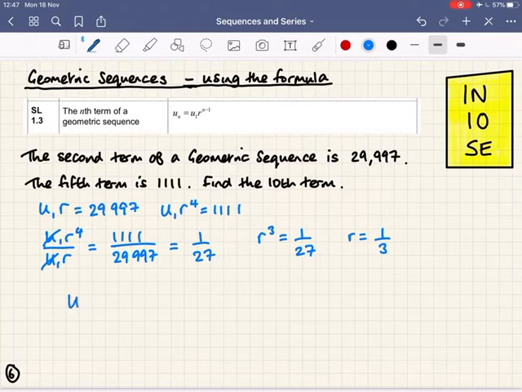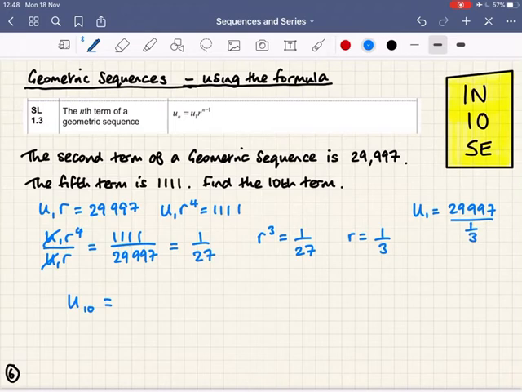So now plugging back into the formula, u10 equals, well, I haven't got the first term, so I need to work backwards and work that out. So if the second term was 29,997, u1 must be equal to 29,997 divided by the common ratio.